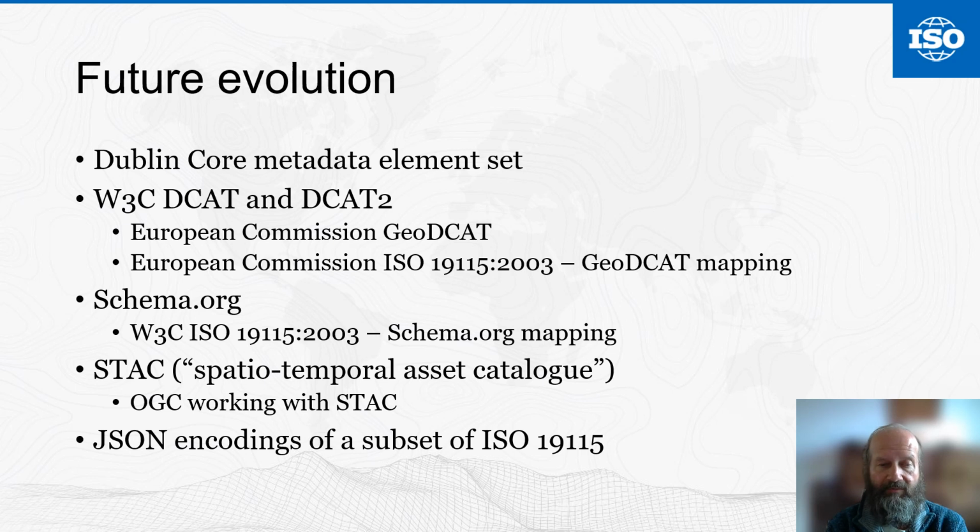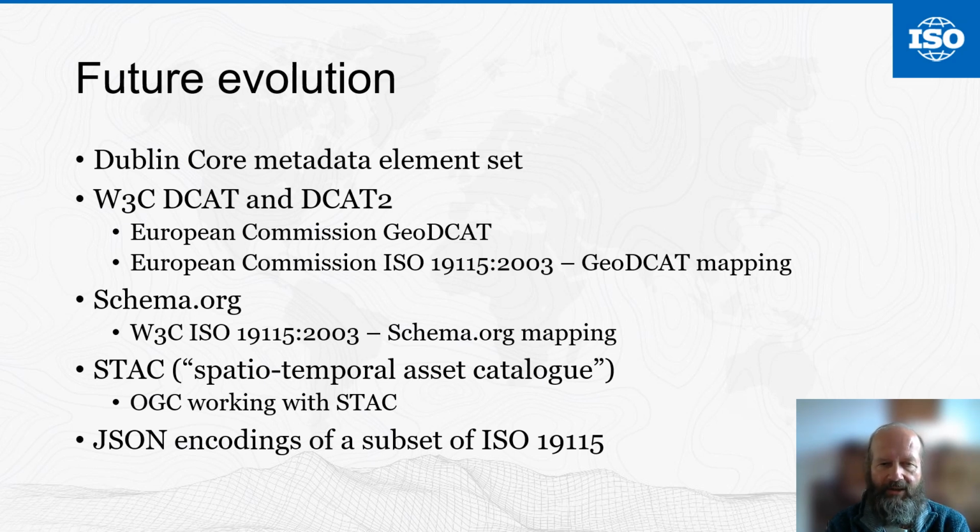Less formal groups have produced schema.org, which has taken off widely in the web for making structured metadata embedded in web pages. At OGC, they're working with STAC, Spatio-Temporal Asset Catalog, a lightweight standard especially used for cataloging Earth observation data. And the OGC API groups are working with STAC, and also OGC API Records is working on a JSON encoding of at least a subset of 19115.